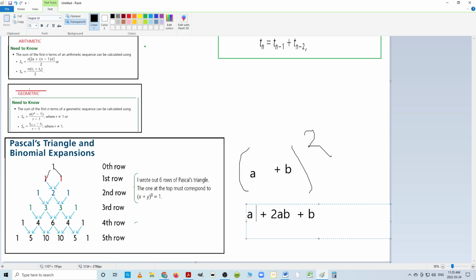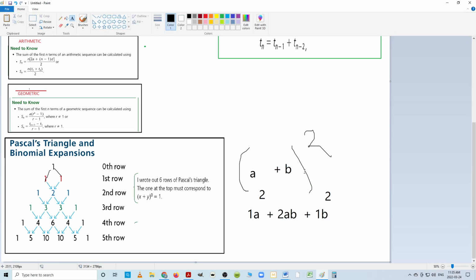Now I'm just going to put a number, because it's an invisible number, in front of those, and I'm going to put the squares, squared here and squared here. But I want you to pay close attention to the numbers. It goes 1, 2, 1. We'll find that right over there.